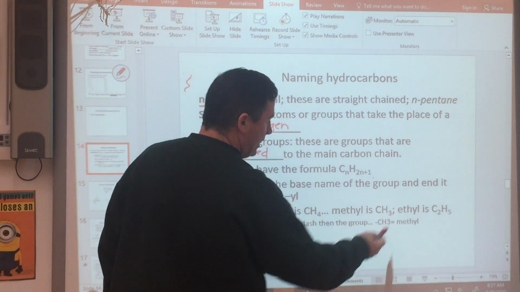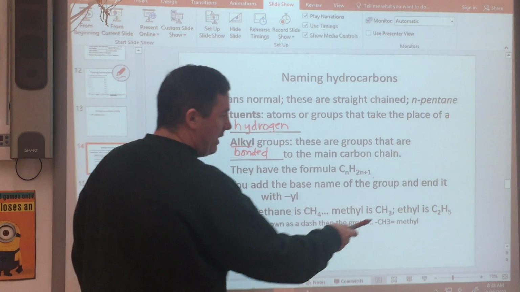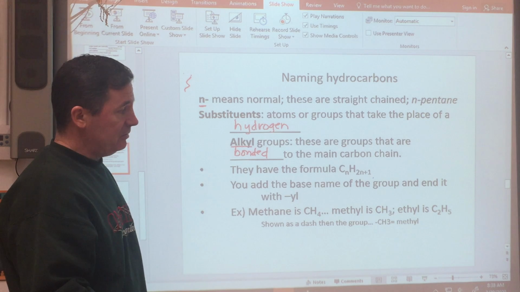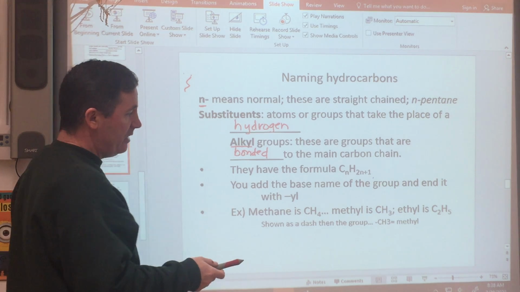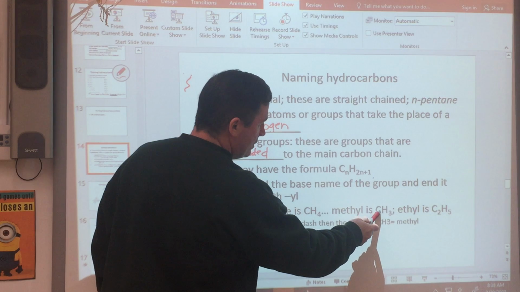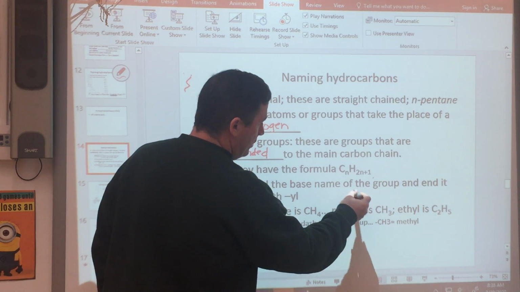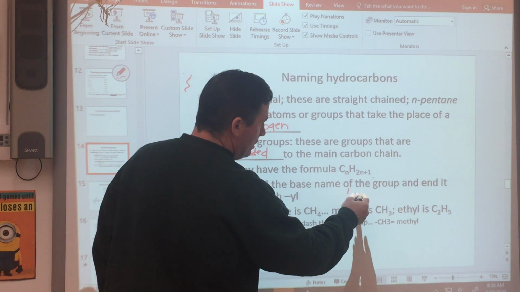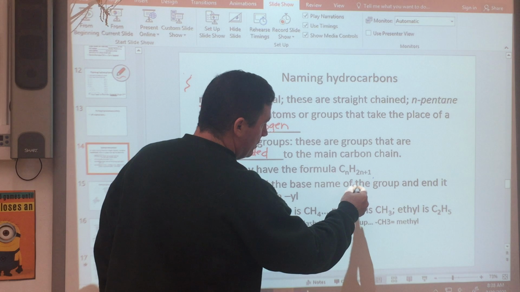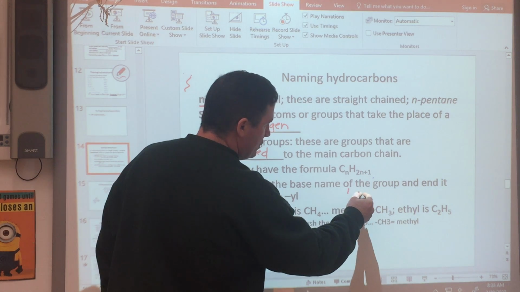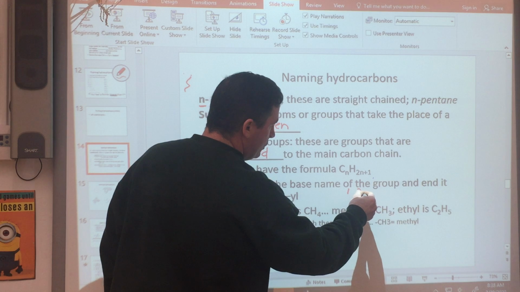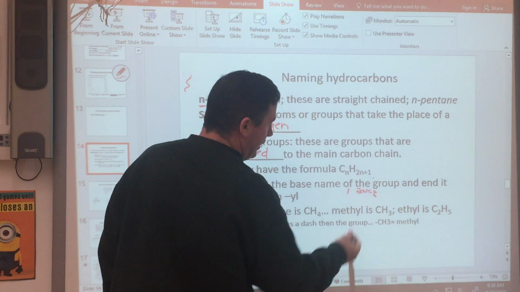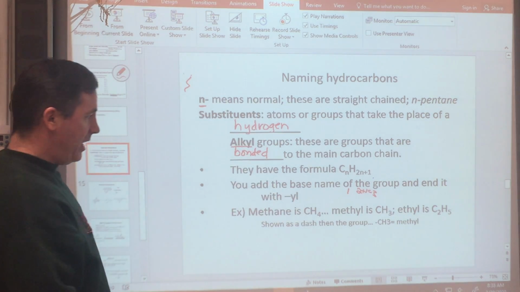So if I had ethane, which is C2H6, if I had 2 carbons sticking off of the main chain, I would call it ethyl, and that's C2H5. And if you can see here, C to the n, that's 1, H to the 2n plus 1. So 1 carbon, how many hydrogens? 2n, 2 times 1 is 2, plus 1 equals 3. That's why we have CH3. Same would go for that. I'm not going to go over the math for it.